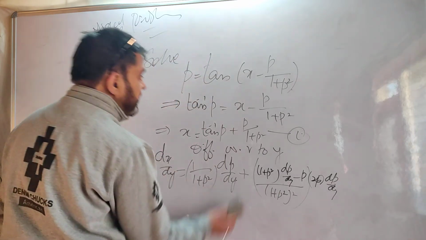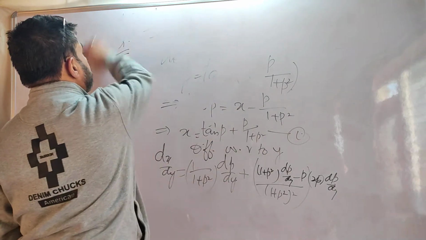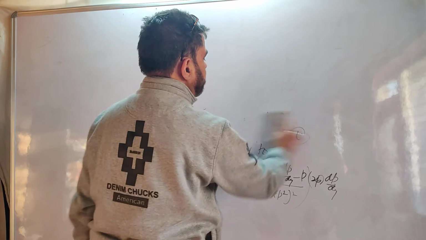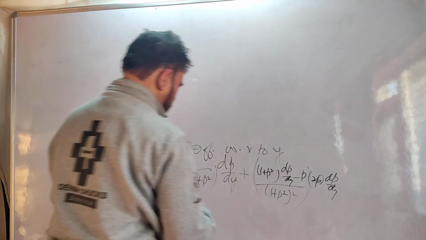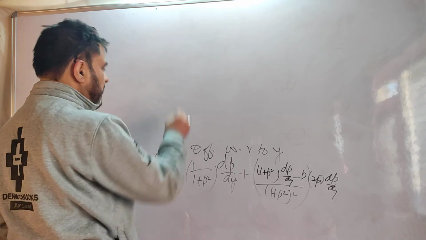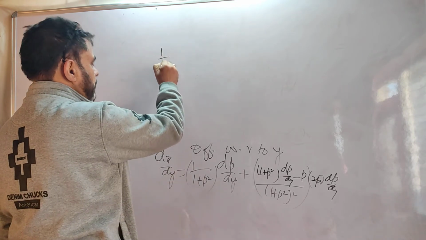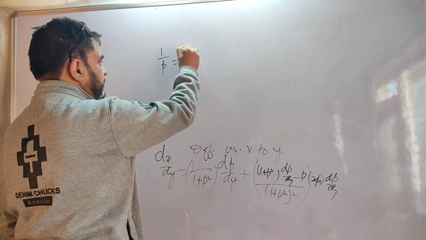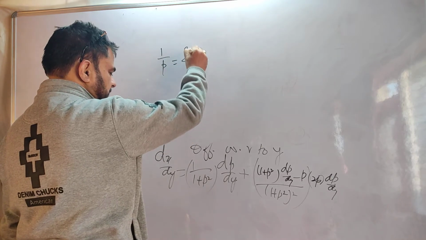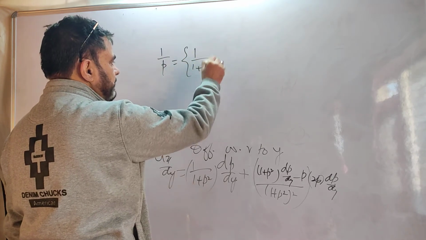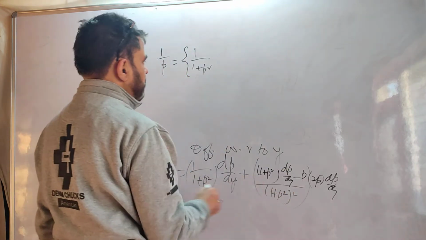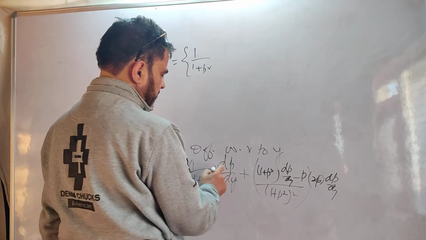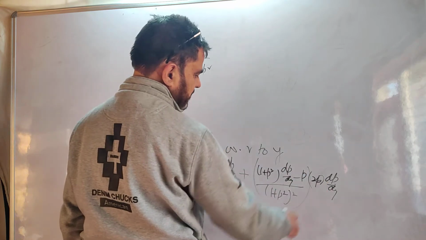Now let me simplify this. This will be your 1 by p is equal to 1 by 1 plus p square. Taking this dp by dy common throughout, here you have dp by dy, here also you have dp by dy.